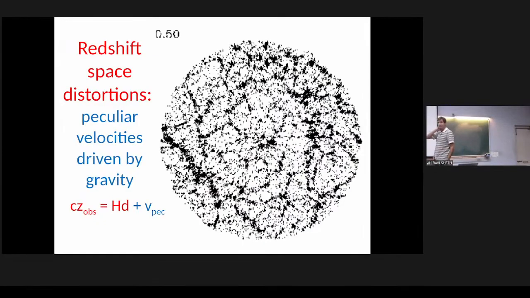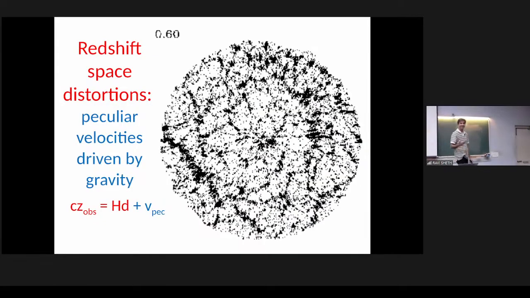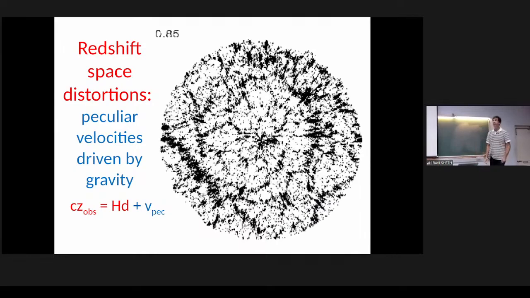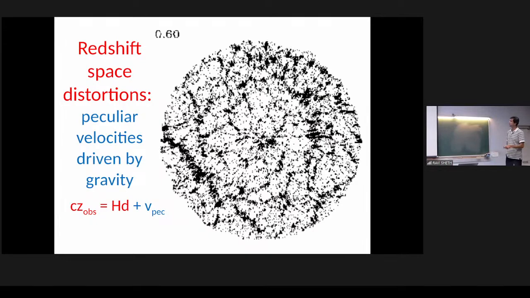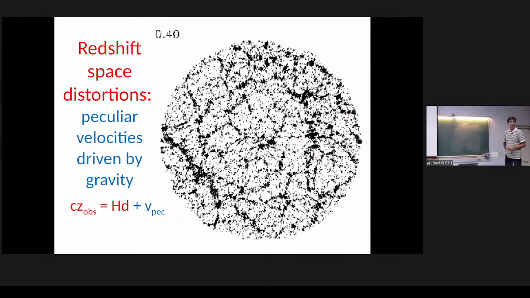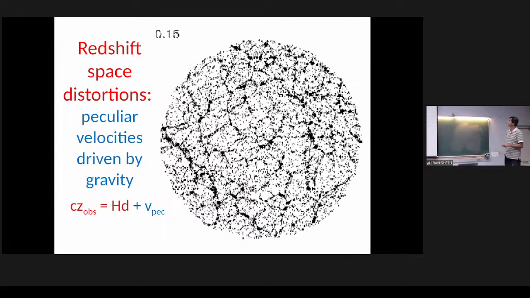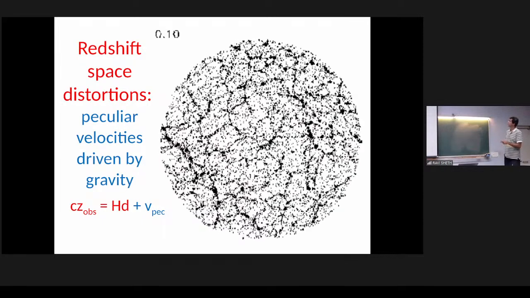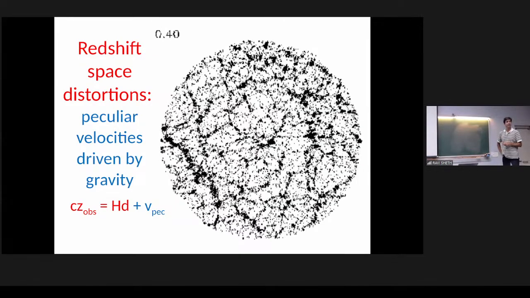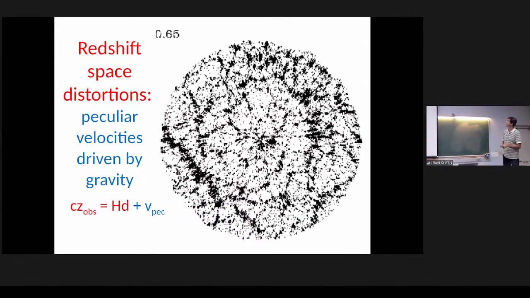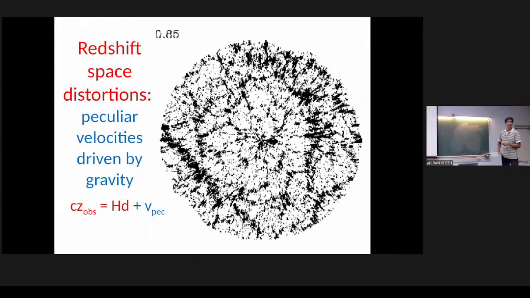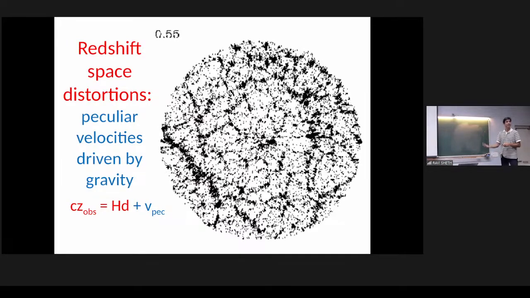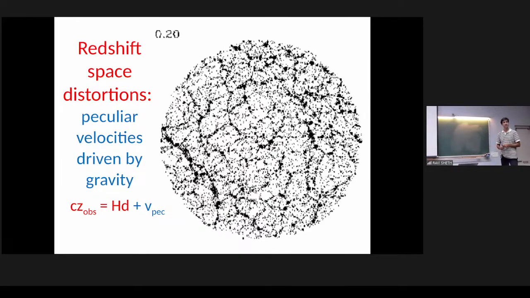Now for the redshift space. Unfortunately, we measure redshifts, we don't measure positions. And so the redshift that you observe is the distance combined with a peculiar velocity. Here, we're starting out with a number that counts how important the velocities are. When everything looks like single dots, that's when this number is 0. Then as we up this number, that's upping the influence of velocity.